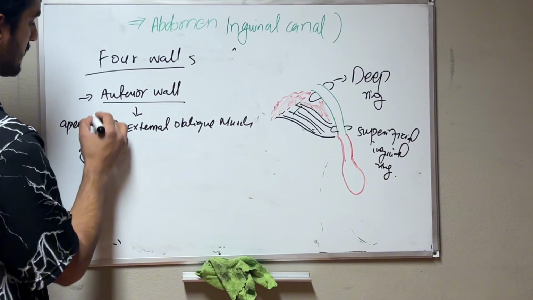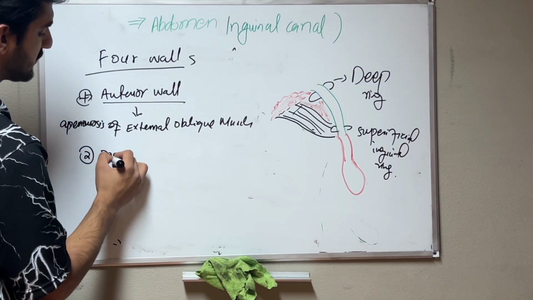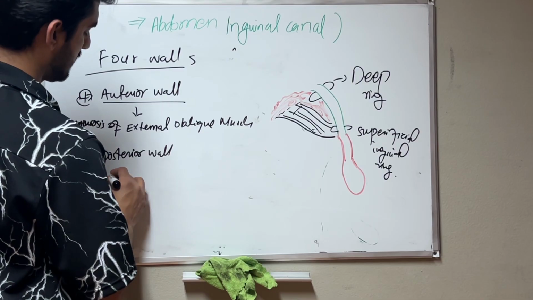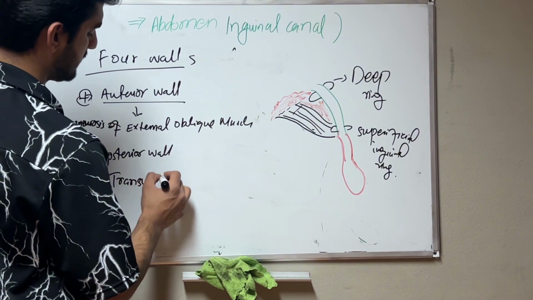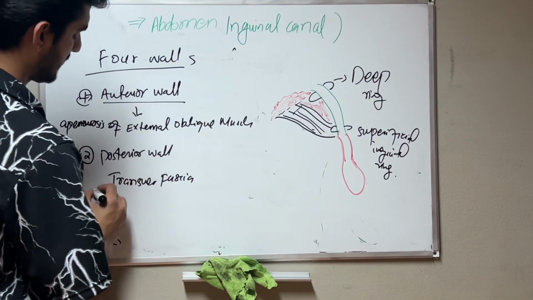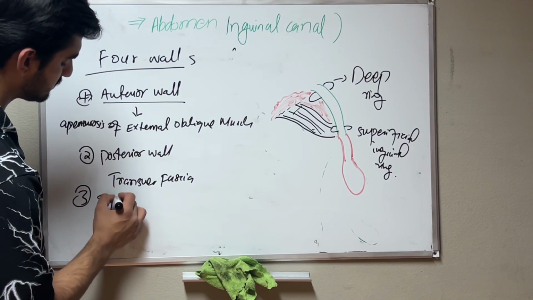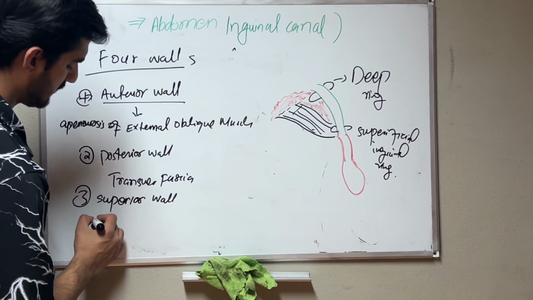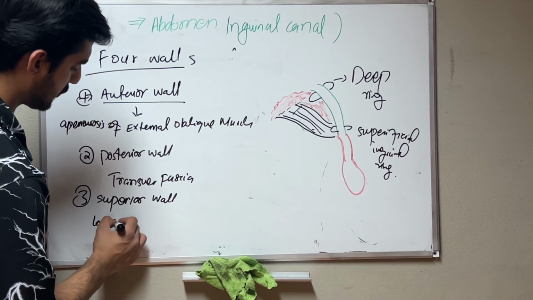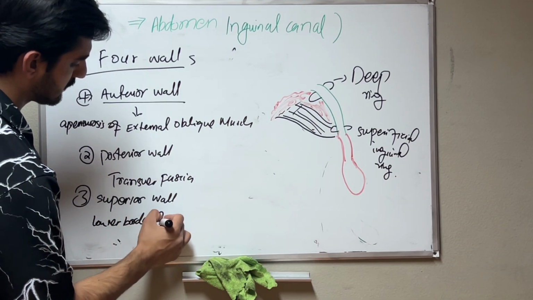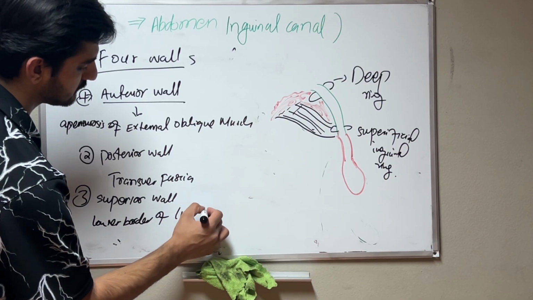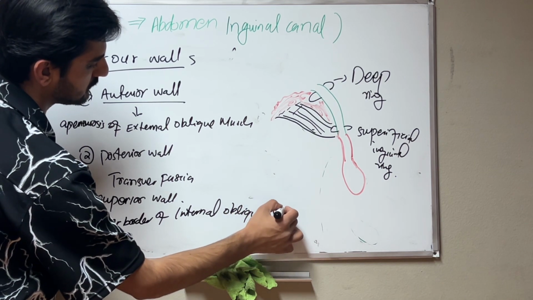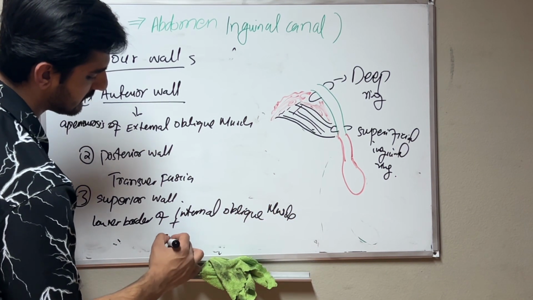The second is the posterior wall, and in the posterior wall we have the transversalis fascia. The third is the superior wall, and in the superior wall we have the lower border of the internal oblique muscle plus the transverse abdominal muscle.